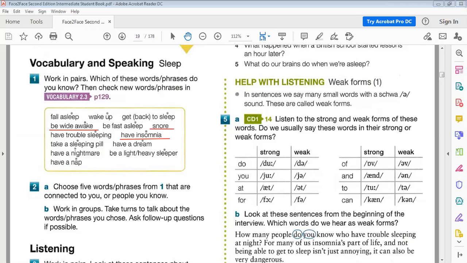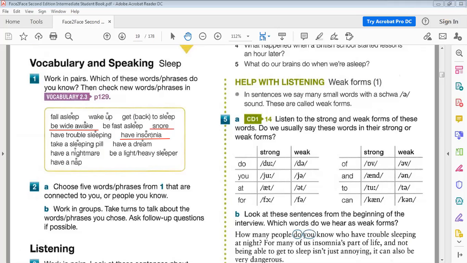Maybe they ate a lot at dinner. Maybe they're smokers. There are many reasons for snoring. So this is snoring. It's the sound.